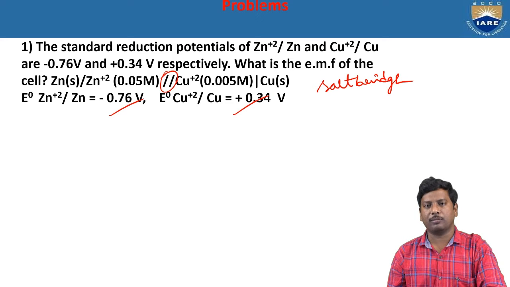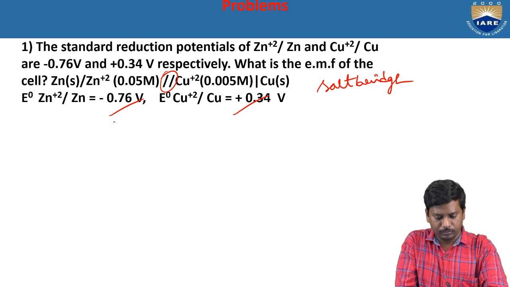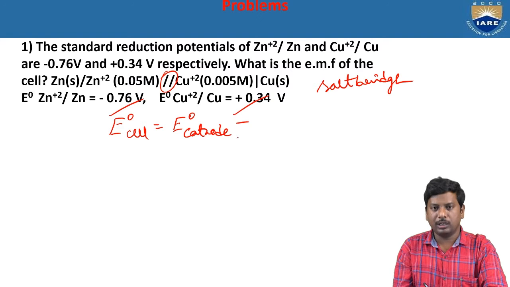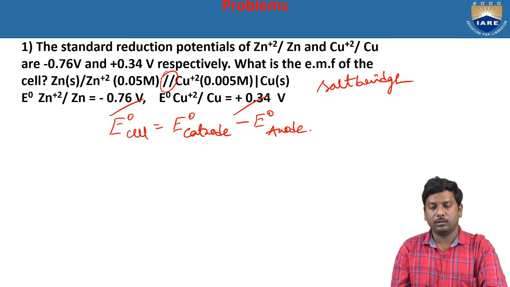Now we see the formula for EMF. E naught cell is equal to the potential at the cathode minus the potential at the anode.